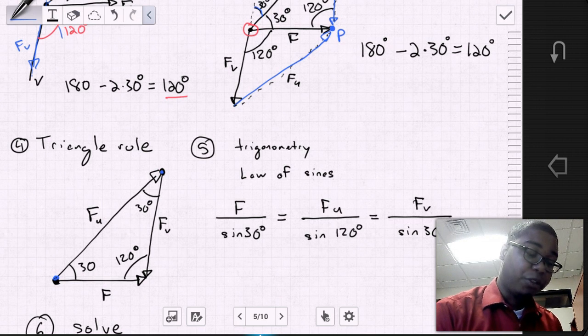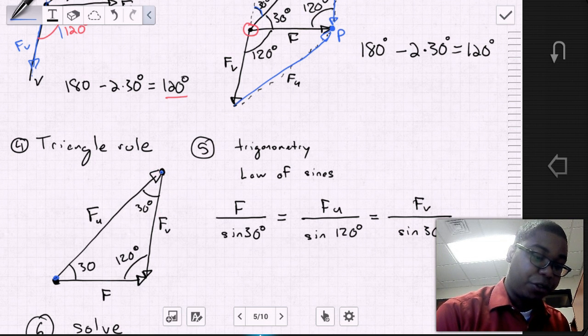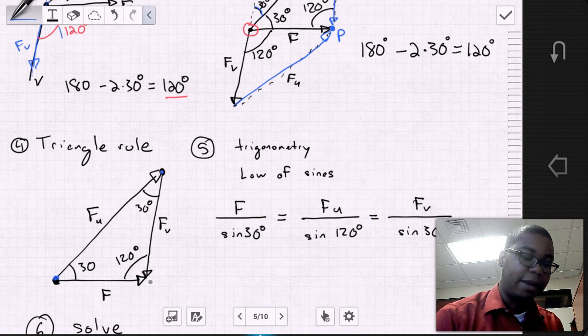So we can start with FU from the start point to the arrowhead, and then we can add the FV, which is the start of F. The head of FU is where FV starts, and then from that we can enclose our solution and project from the start point of FU to the head of the FV is our projected line F, right?